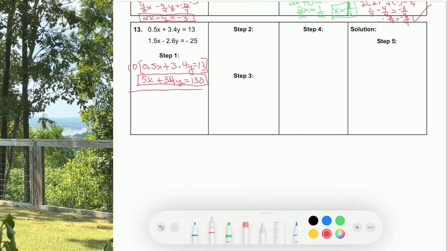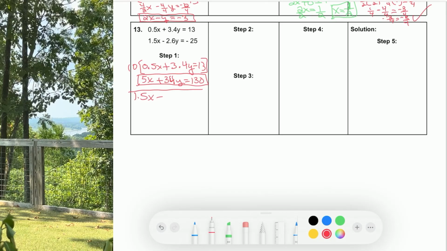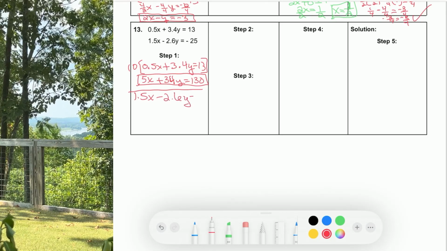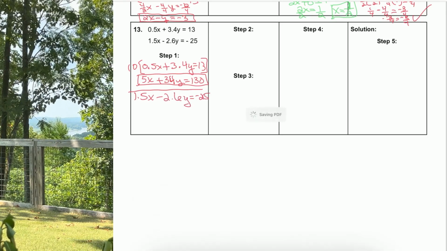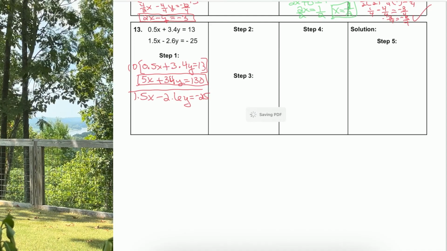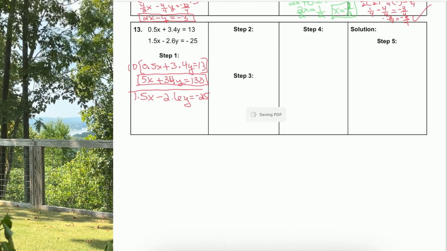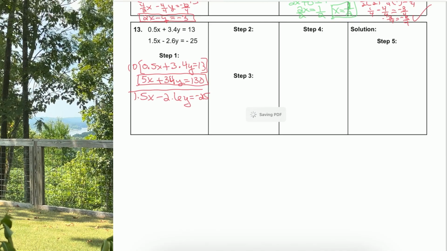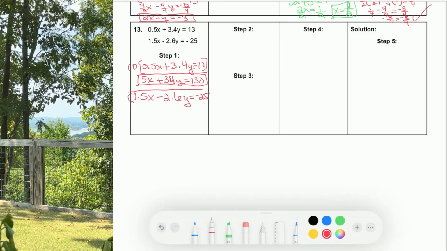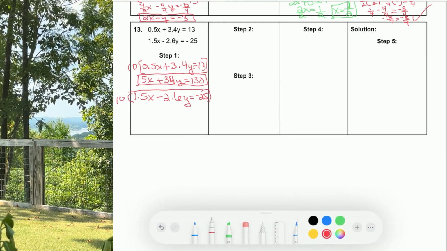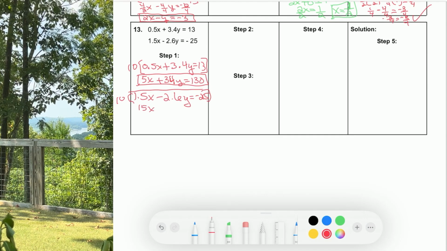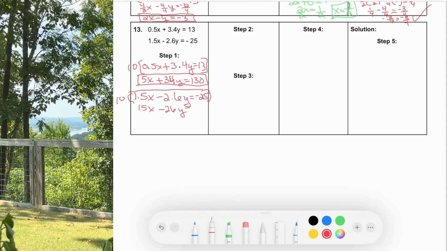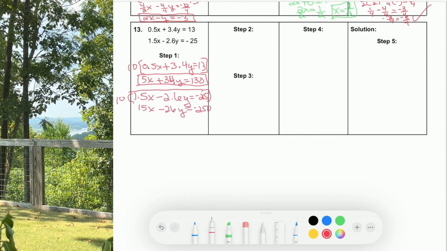The next one, we have 1.5x minus 2.6y equals negative 25. I'm also going to multiply that one by 10 because, again, the highest place value to the right that we have is the tenths location. So multiply this by 10. I get 15x minus 26y equals negative 250.